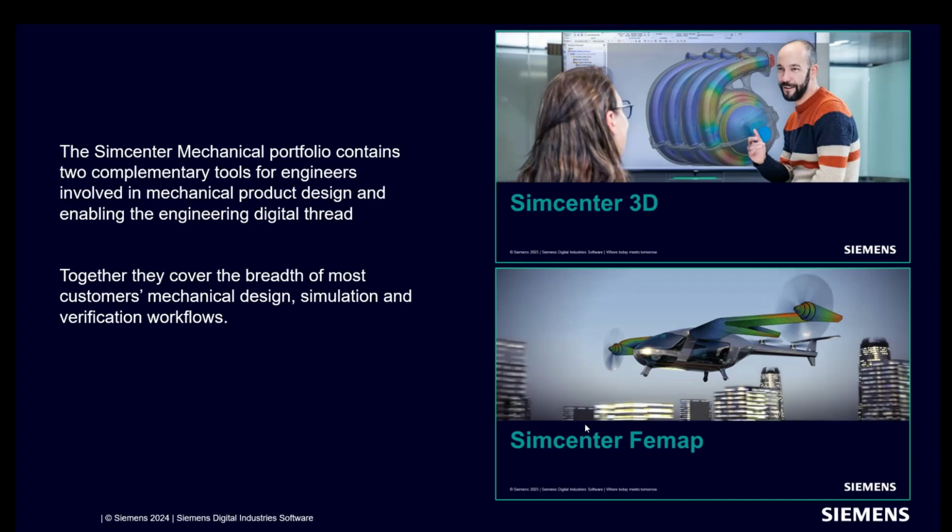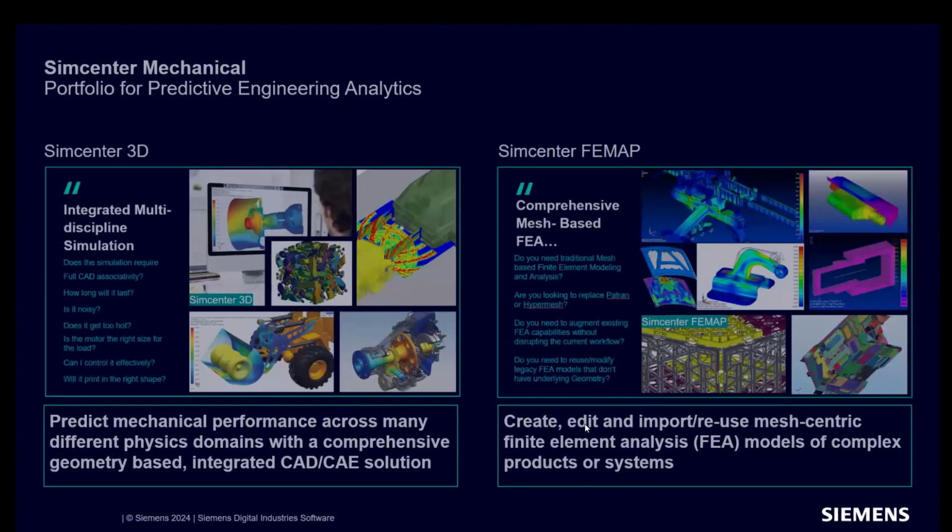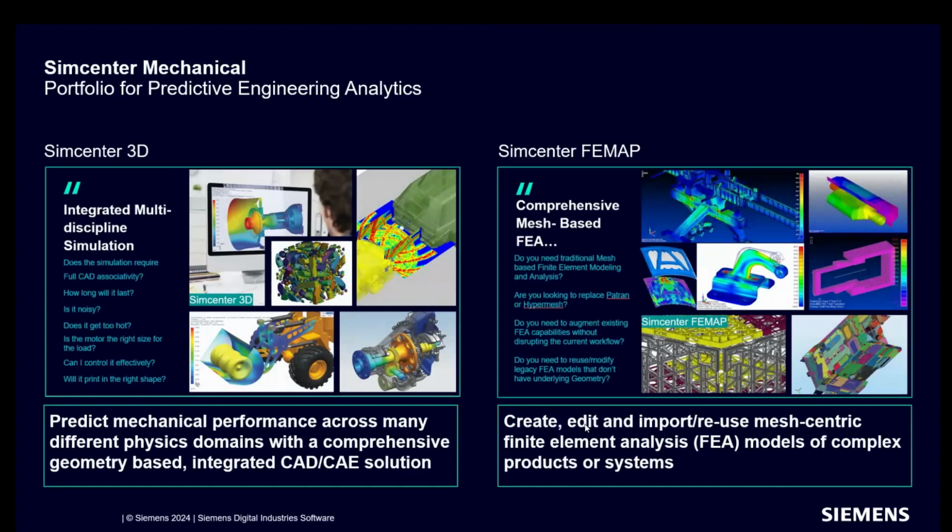Together they cover the breadth of most of the customers' mechanical design, simulation, and verification workflows. They are targeted at maybe two different parts of the workflow, or maybe even two different types of users, and we'll get into that as we move forward. So we have Simcenter 3D to start with. This is our integrated multidiscipline simulation environment.